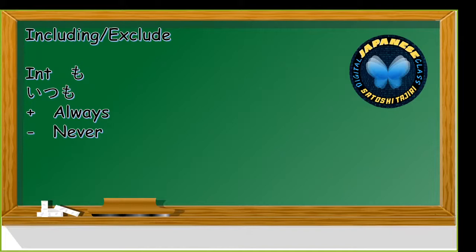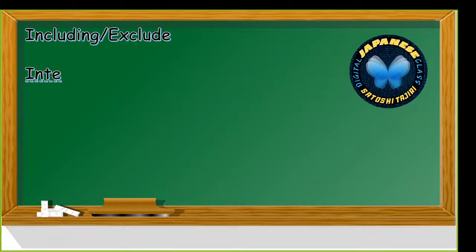Now let's go to some examples of another one. There are things that are consistent that will be a little bit different. Another interrogative. How about the interrogative using demo? Once we use demo, it's a combination of two particles that can be used with a question word to indicate any. So once we have our interrogative, then adding demo, it becomes any. For example, we have dare for who, and dare mo means everyone or no one.